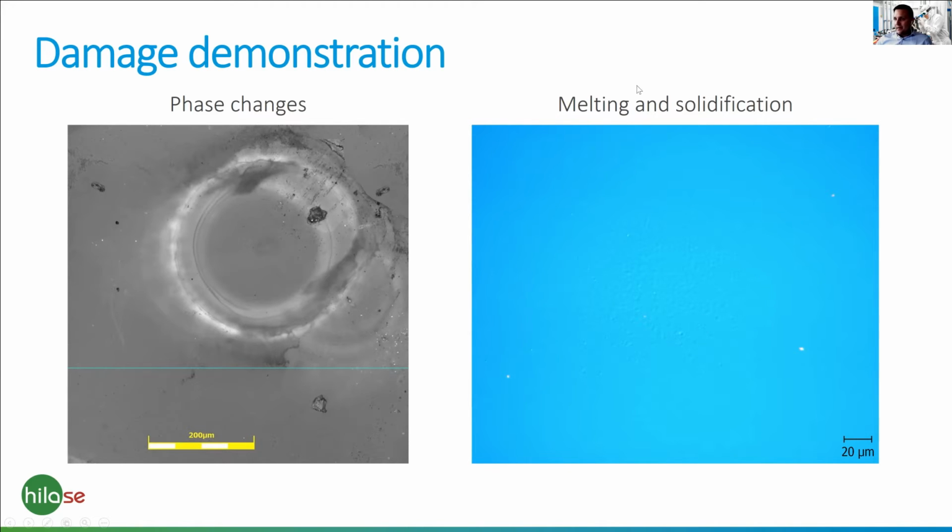What you can see on metals is usually melt and solidification of the affected zone, which usually leads to the formation of tiny bubbles on the surface. Again, this acts as another precursor because it's increasing the absorption when you continue to expose such a site to the laser light.